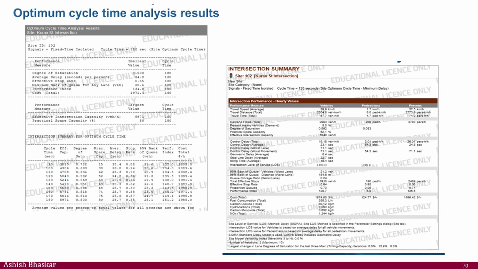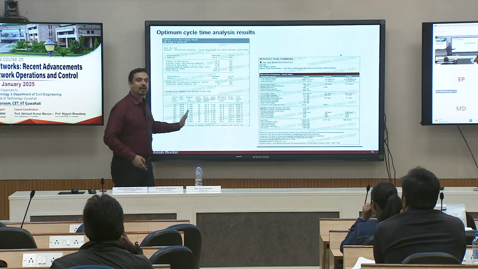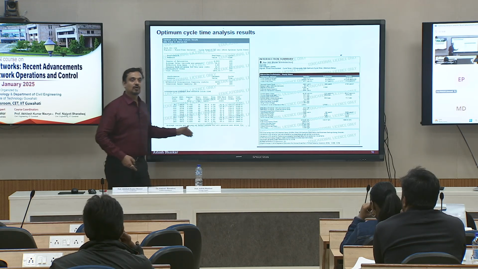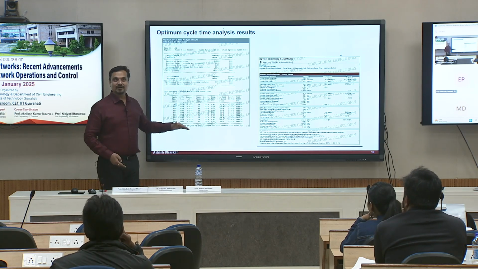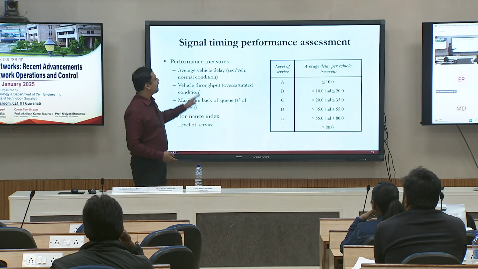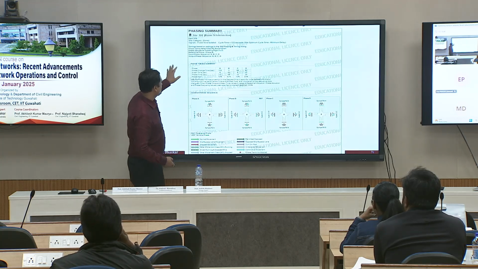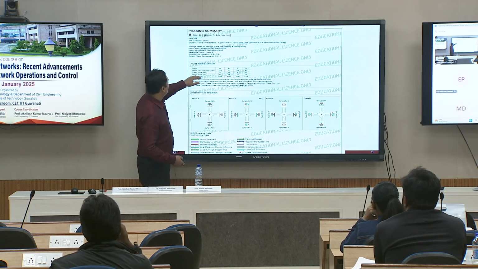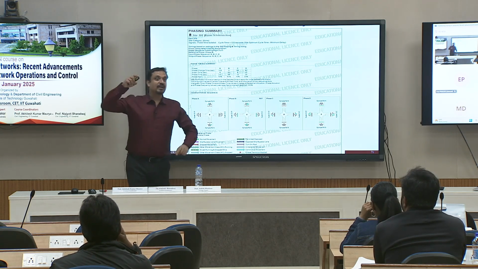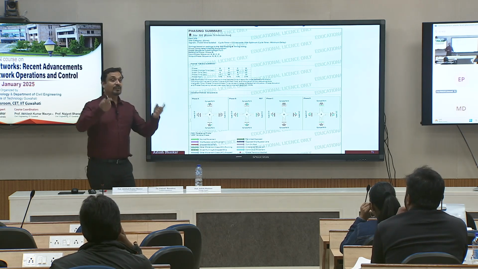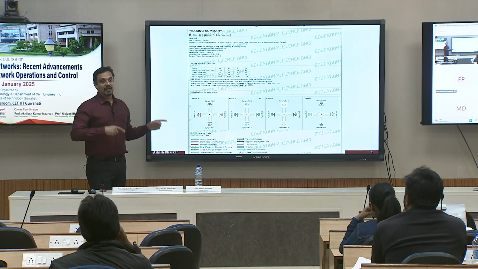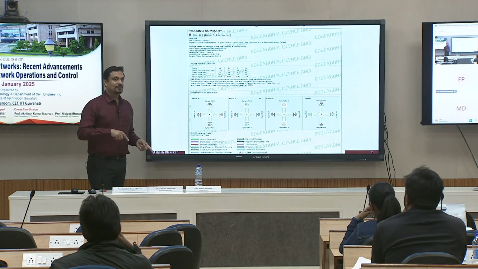You as an engineer must choose which indicator I am going to focus on, or whether I am going to consider a weighted combination of these to make a decision for my optimal one. This is based on, I think, the delay. So you have to make a decision accordingly. But that is for the demand you have specified. If you have multiple demands, you have to do multiple runs.